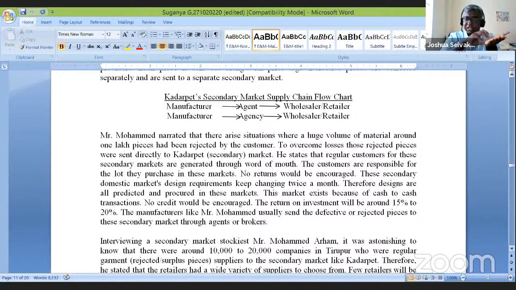The manufacturer sends them to the reprocessing unit, and from the reprocessing units, they are taken by agents and passed on to the wholesalers, and from there to the retailers in the secondary market, and end up at the street market. So this is the kind of reverse supply chain which is feeding the parallel secondary supply chain market. So that is how it is going, right?